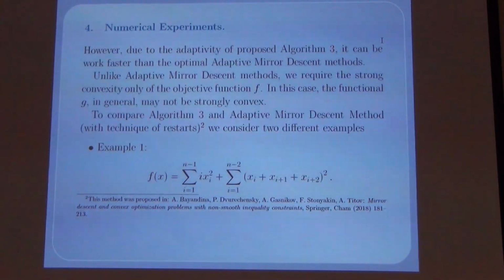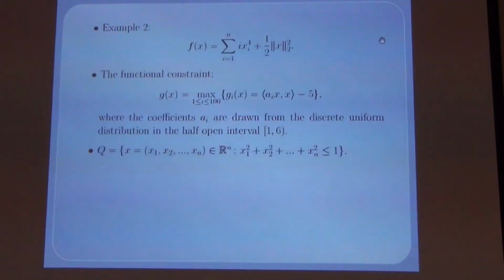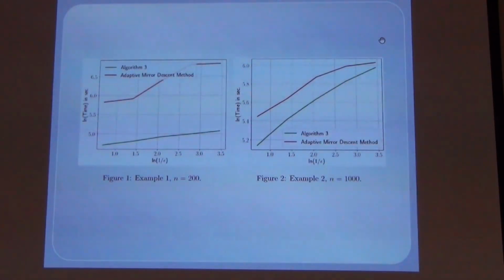Okay, and considering the experiments, did you assume that you know the strong convexity parameters for the problem? Yeah. Because we did a comparison between mirror descent methods and the proposed algorithm listed as Algorithm 3. In Algorithm 3 there is no need to know this parameter, but in the mirror descent algorithm we need the convexity parameter.